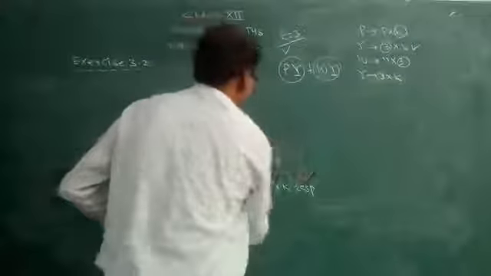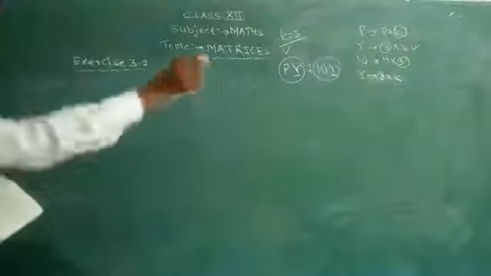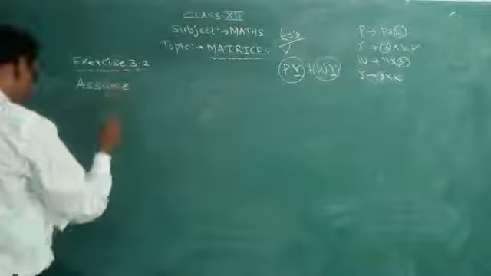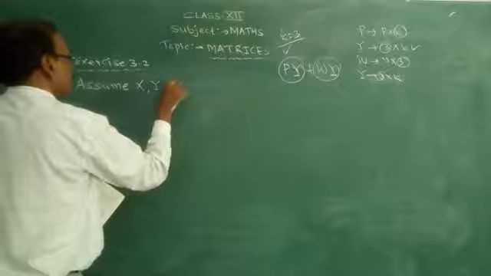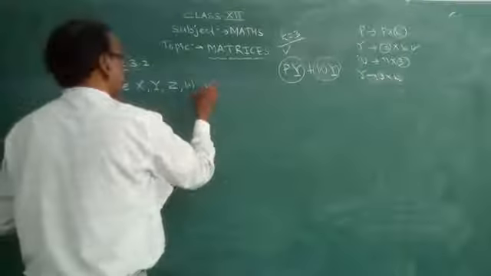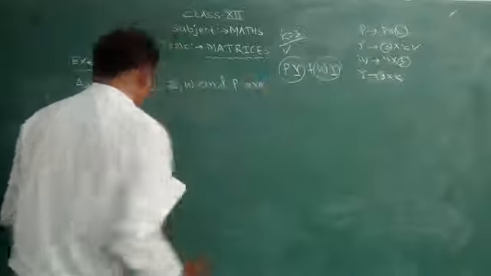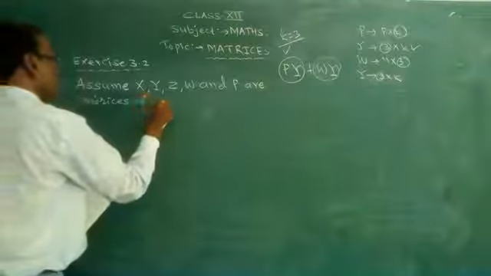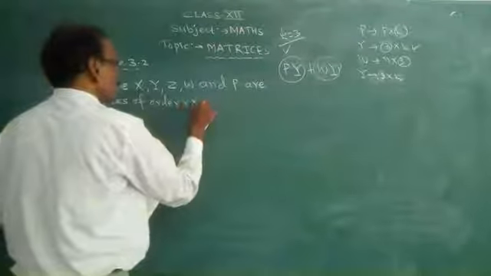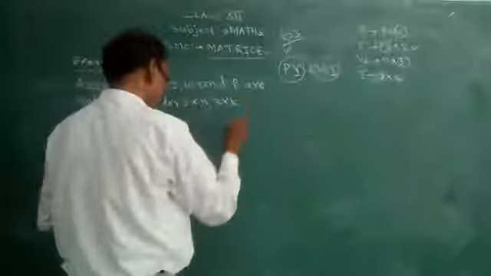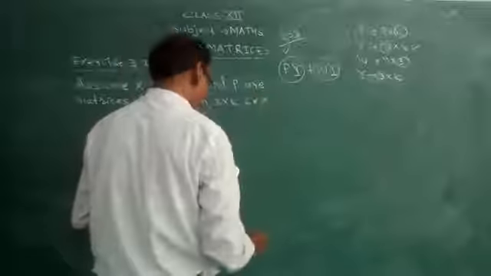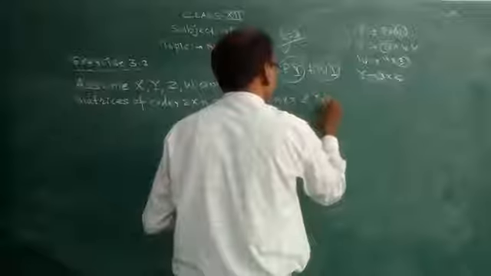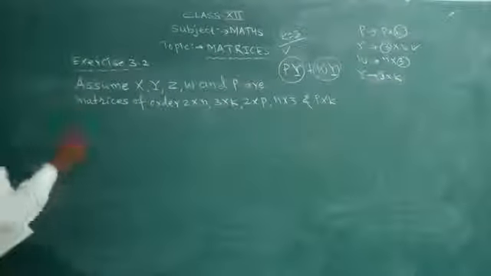The next question. Assume capital X, capital Y, capital Z, W and P are matrices of order 2 by N, 3 by K, 2 by P, N by 3 and P by K. These are the orders of the 5 matrices respectively.